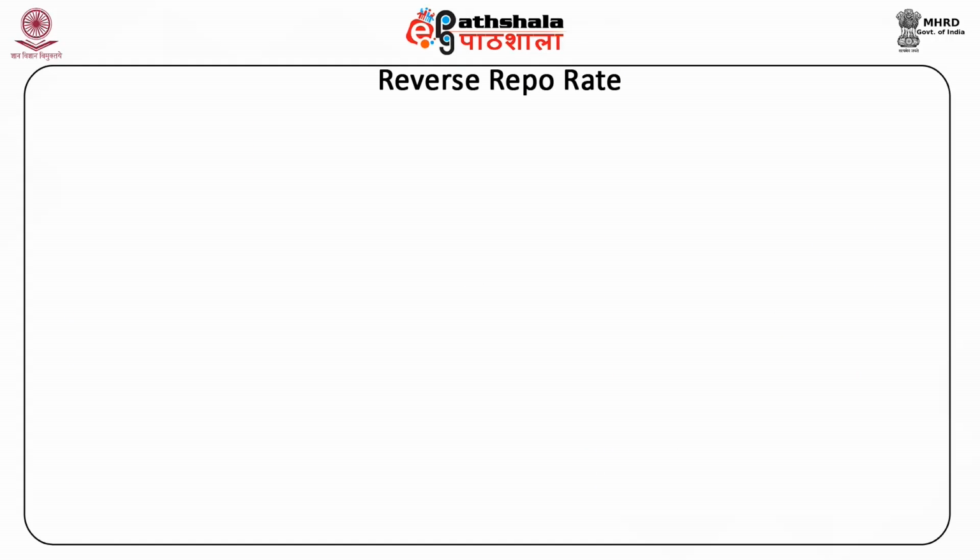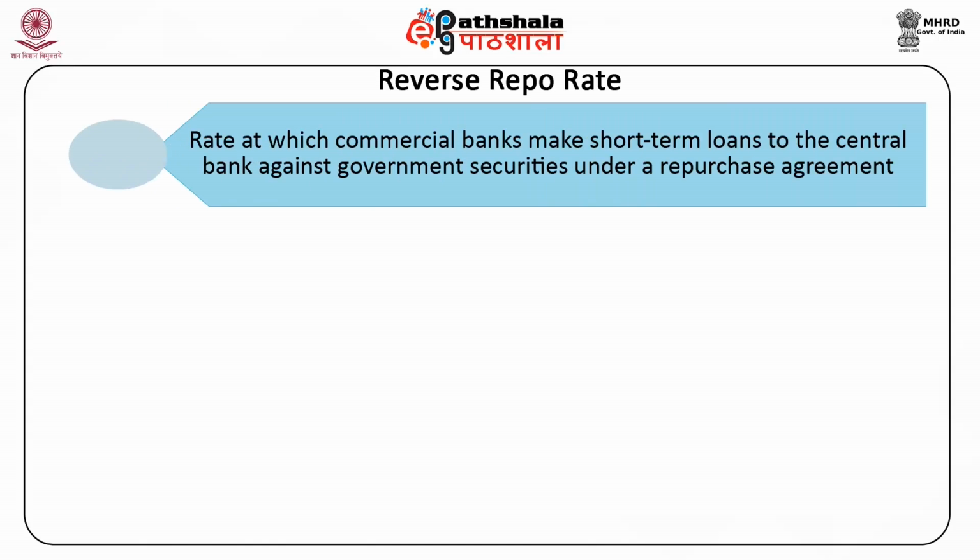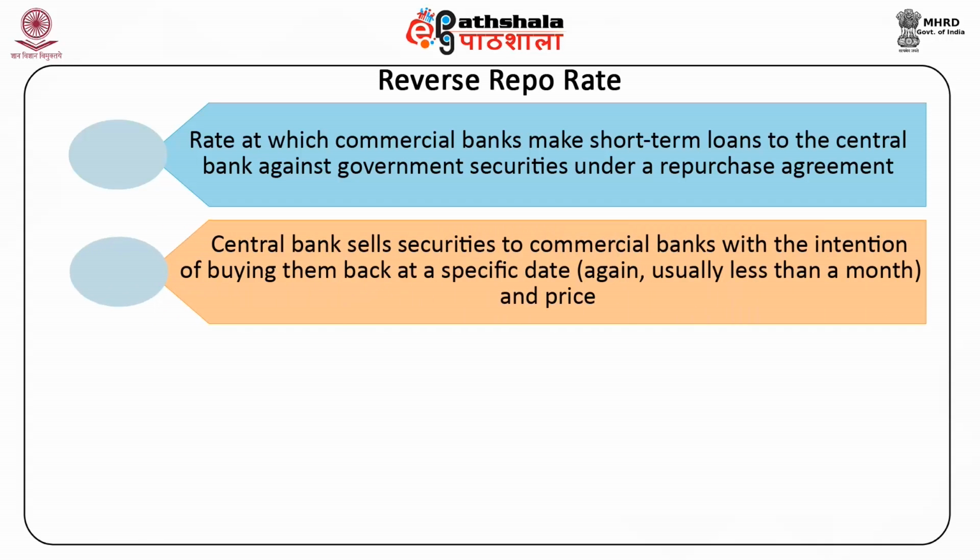Reverse repo rate, on the other hand, refers to the rate at which commercial banks make short term loans to the central bank against government securities under a repurchase agreement. That is, in this case, the central bank sells securities to commercial banks with the intention of buying them back at a specified date, again usually less than a month, and price.